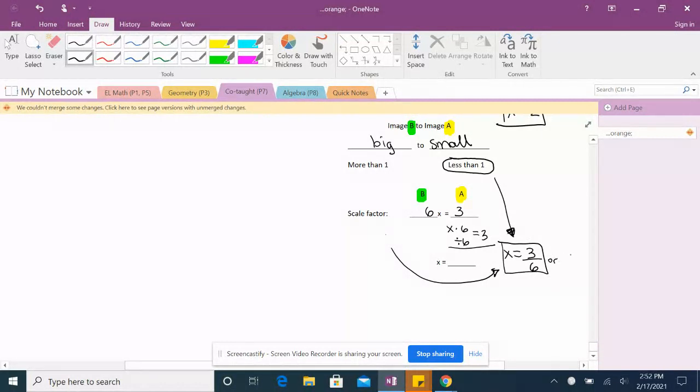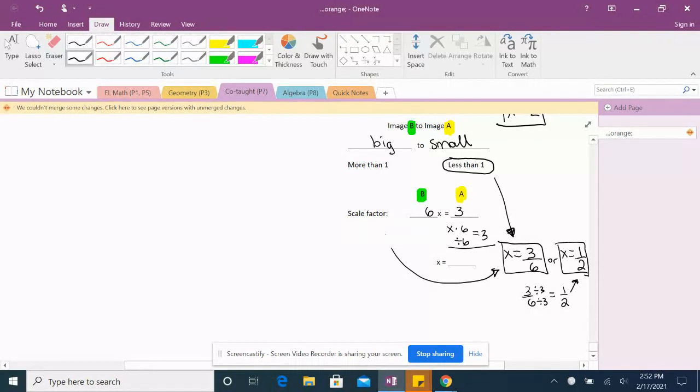You can also say that the scale factor is 1 over 2. Ambos son iguales. These are both the same. Puede decir el factor de escala es 1 sobre 2 también. Because remember, when we reduce this fraction and we divide both numbers by 3, we get 1/2.